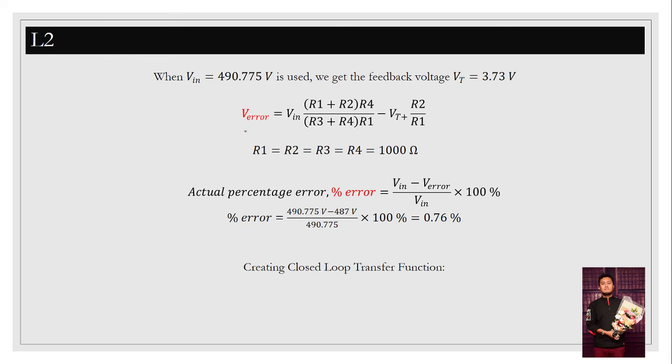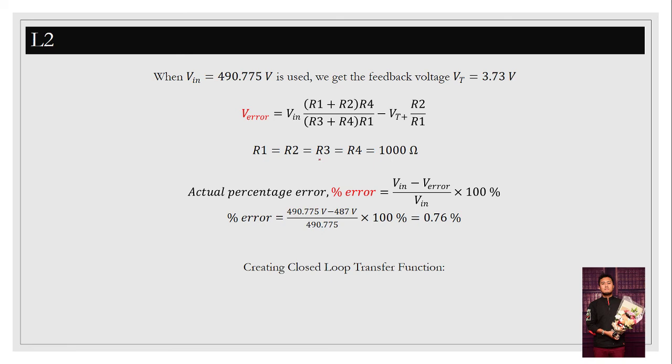Now we are going to find the voltage error using this formula. So we are going to make all the resistances here equal to 1, but we cannot set the value to 0 because otherwise the circuit will not work.